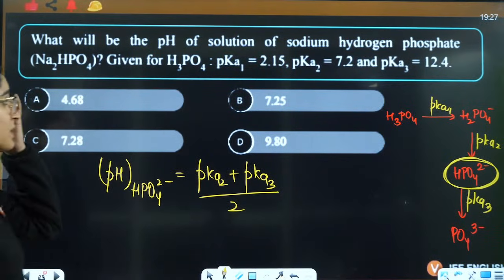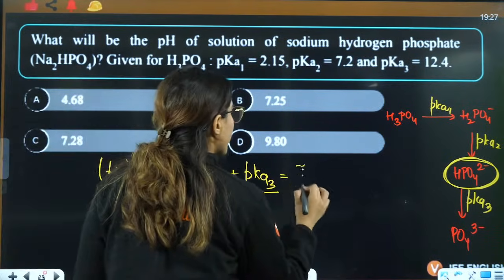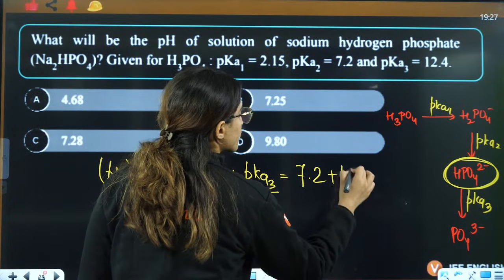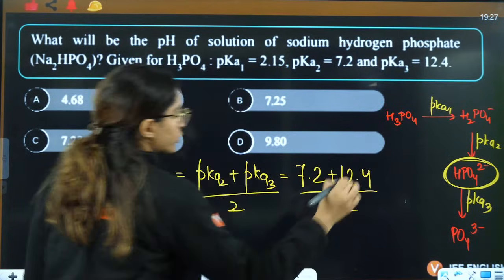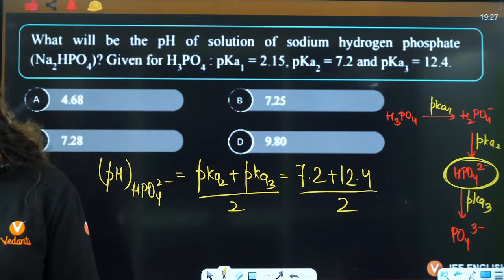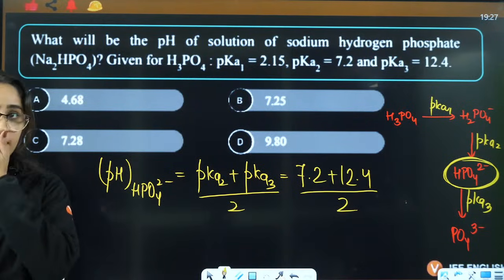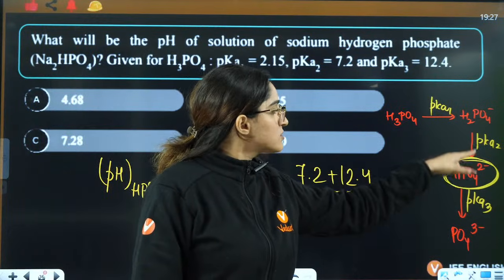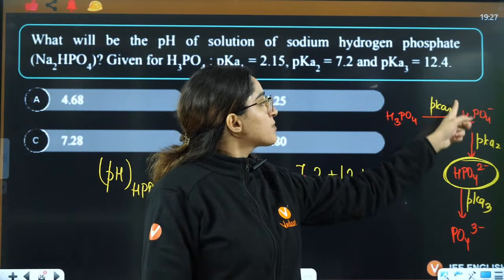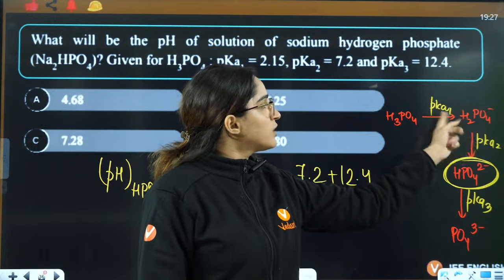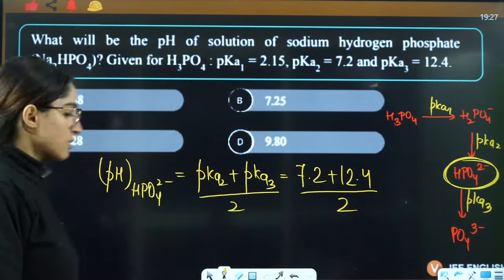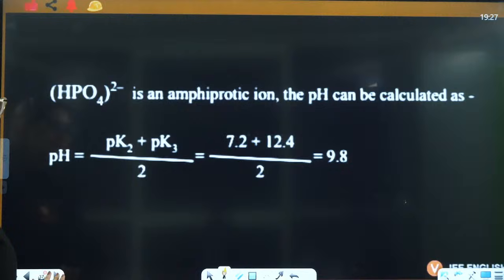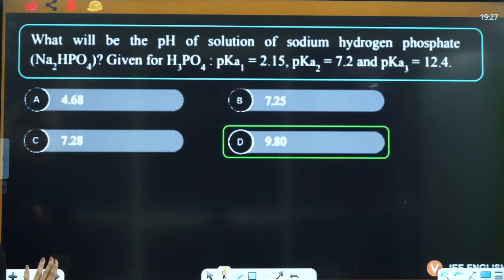That is (7.2 + 12.4) divided by 2. That is the overall answer here. Okay, so you have to see which pKa to add, because they are asking about this species, so these two to add. If they ask about H2PO4 negative, then these two to add. Okay, that you must understand, right?